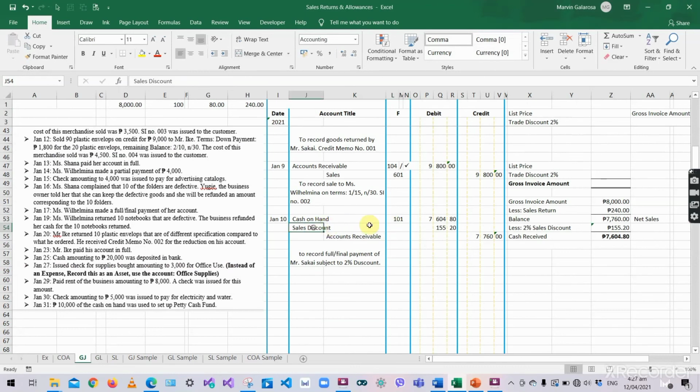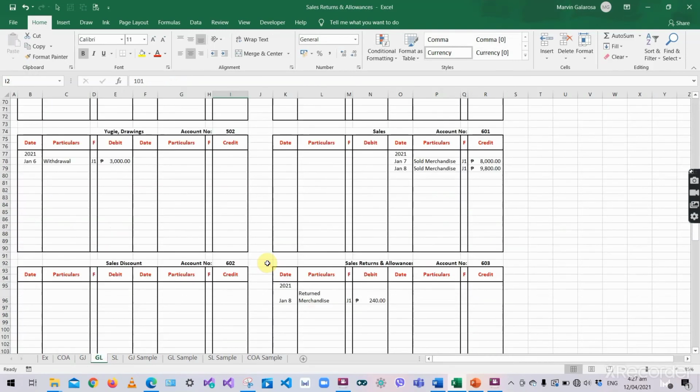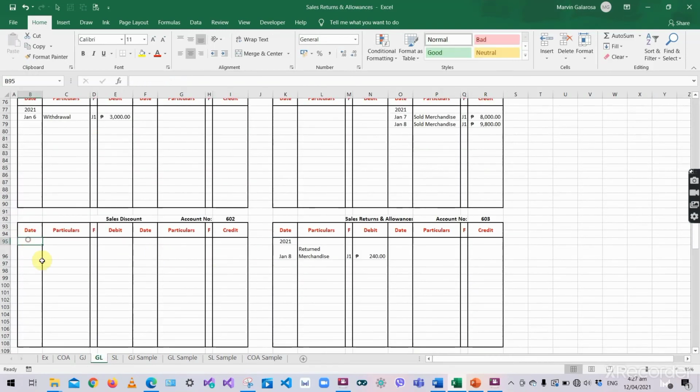Sales discount, merong debit na 155.20. Sa debit side tayo, 2021 January 10. Discount, 2% discount to Mr. Sakay.